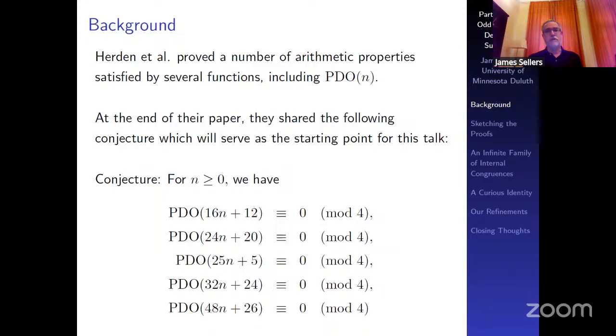For example, if you look at the first arithmetic progression, 16n plus 12, and you look at the 4th arithmetic progression in this list, 32n plus 24, you realize fairly quickly that 32n plus 24 is exactly 2 times 16n plus 12. So it looks in particular like the first and the 4th of these might be related somehow.